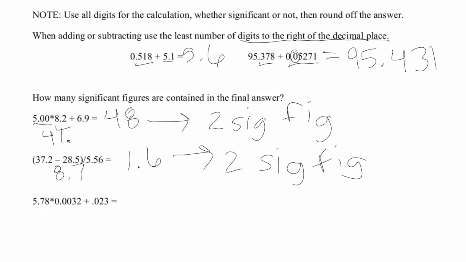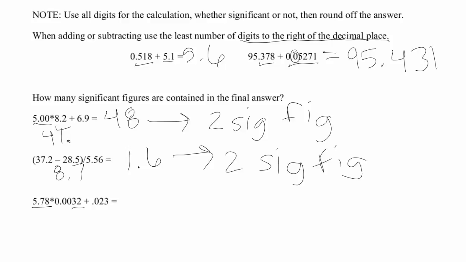So in the very last problem, we first have 5.78 times 0.0032. And when we're multiplying, we want to use the least number of significant figures. So 5.78 has 3, and 0.0032 has 2. Remember, any zeros that come before the first non-zero number, which in this case is the 3, are not significant.